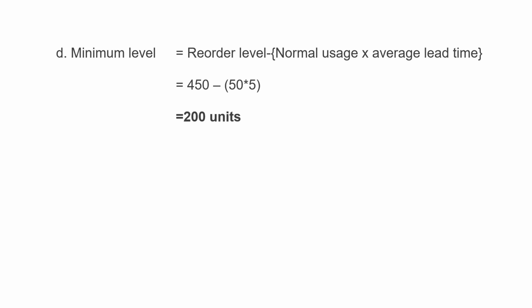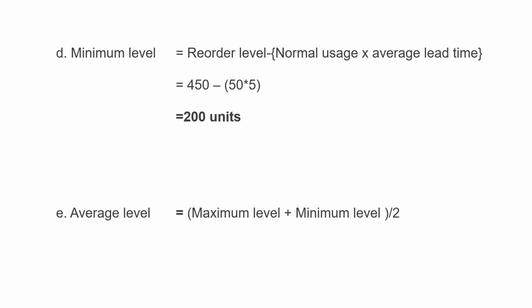Ultimately, we will get 200 units. Then the average level. I have taught you two formulas to calculate the average level. Here I have used maximum level plus minimum level, and I'm going to take the average of them, which is 293 units.